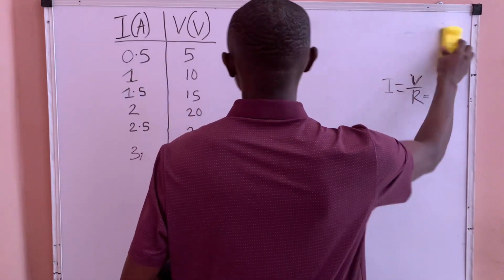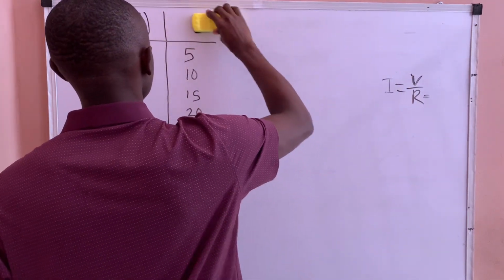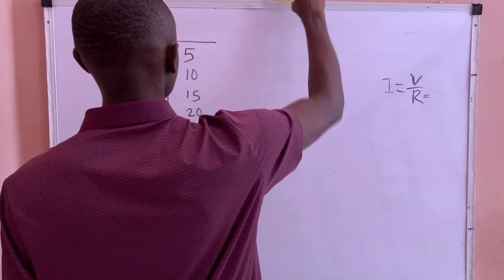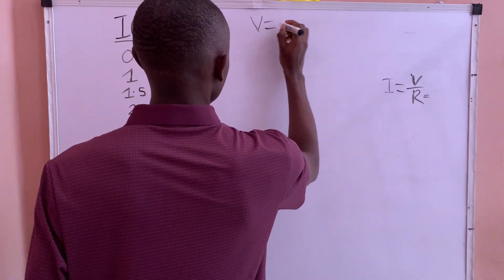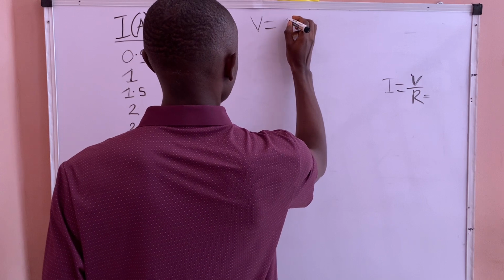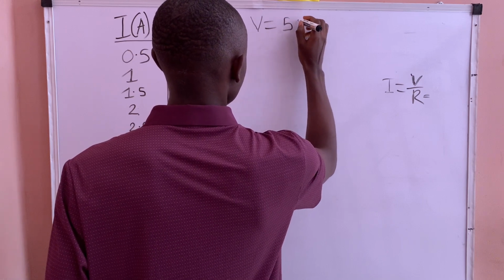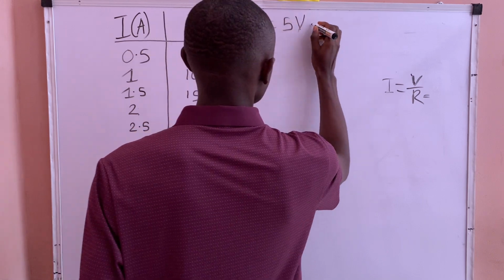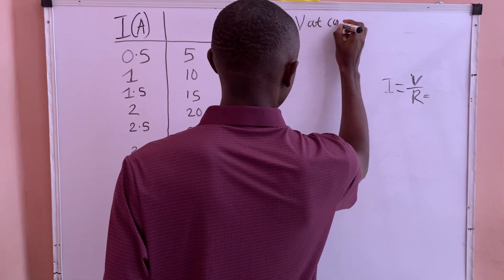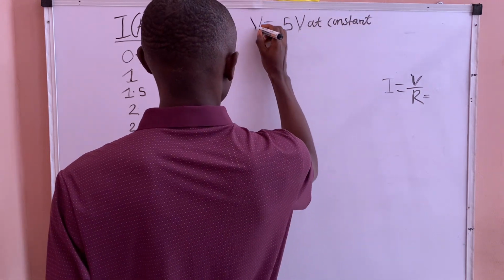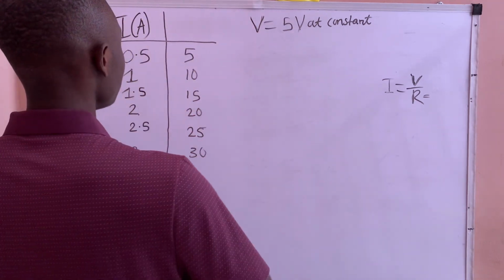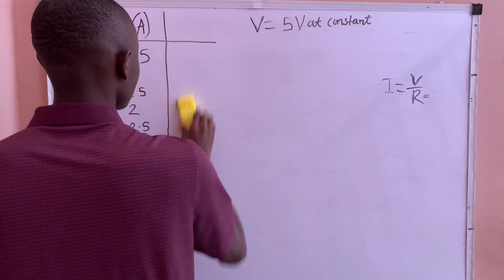Resistance. So here, let us make voltage V equal to 5 volts, which is at constant, and vary the value of what? Resistance.